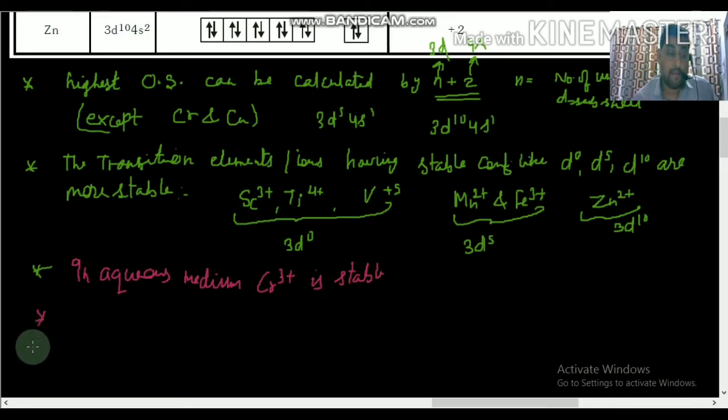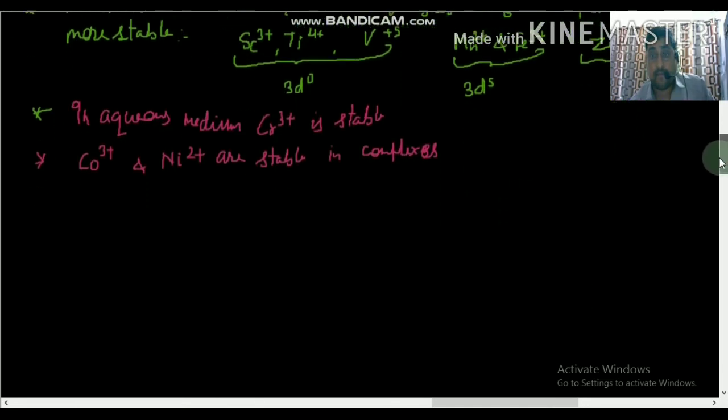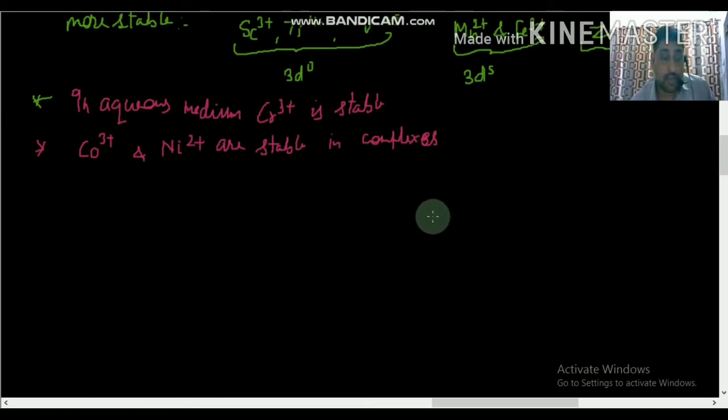Then cobalt 3+ and nickel 2+ are stable in complexes. So in these states they form stable complexes, so they are stable in the complexes.